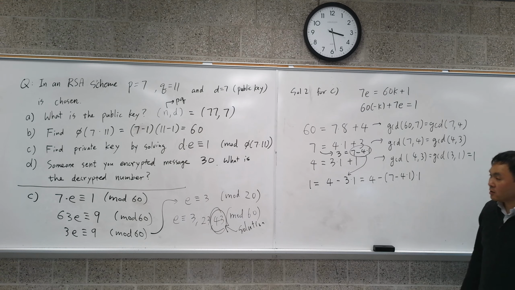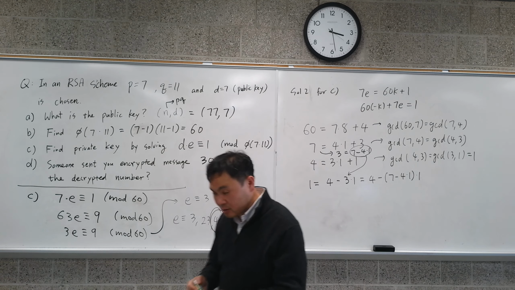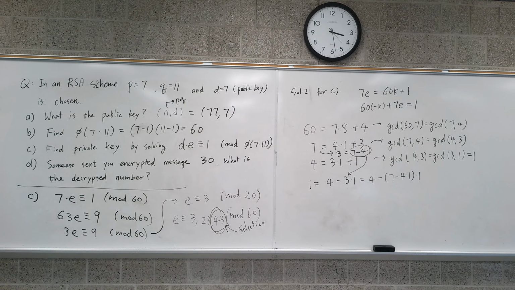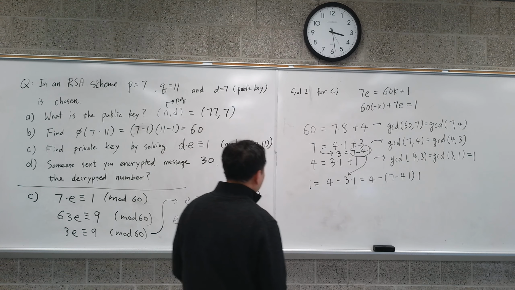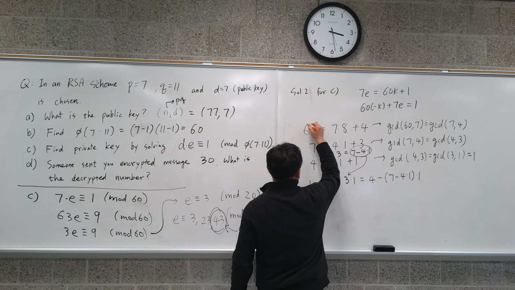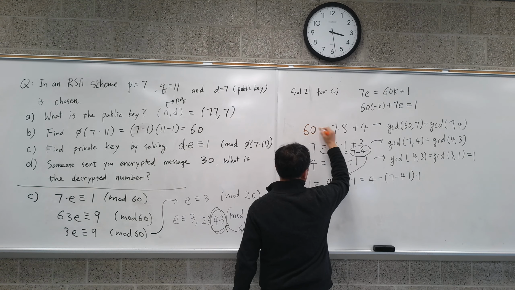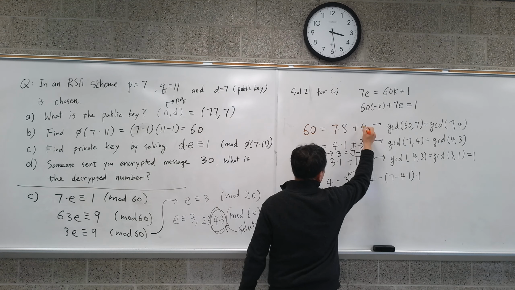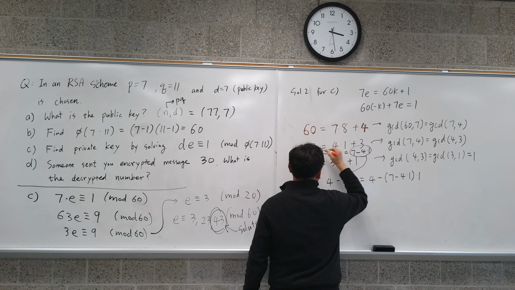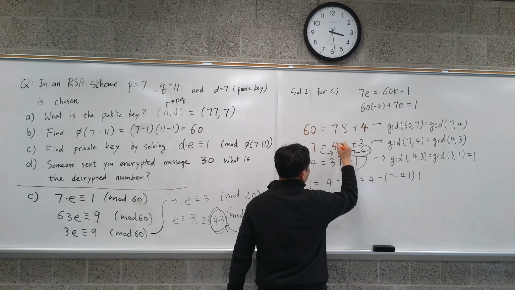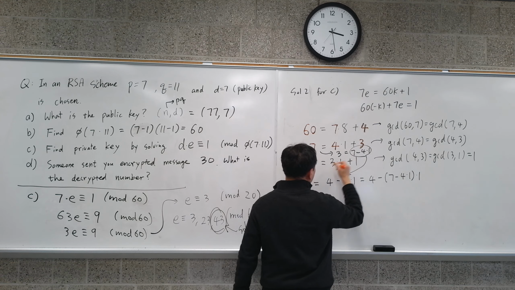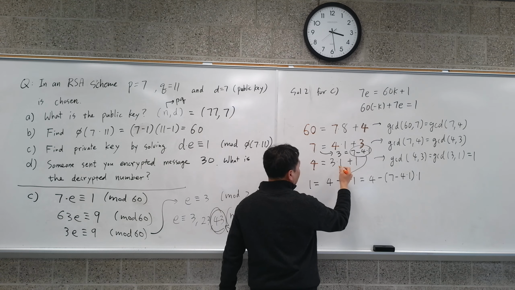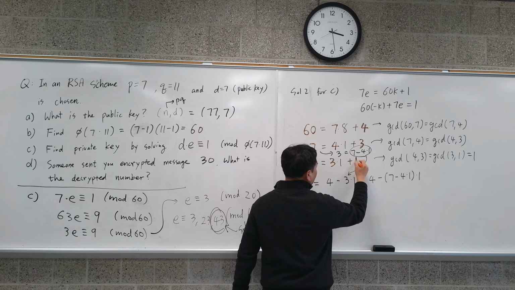And here, maybe it might be helpful to put some colors in here. 60, 7, 4, 7, 4, 3, 4, 3, and 1.